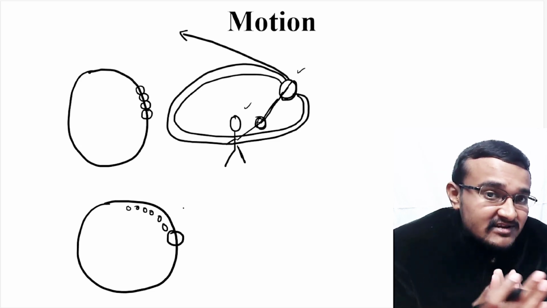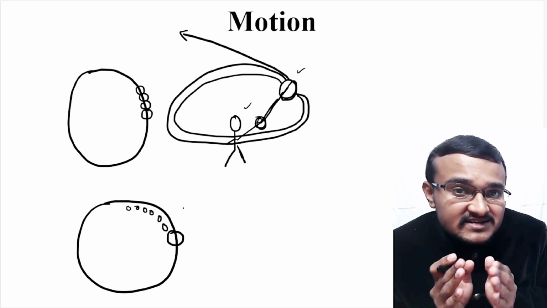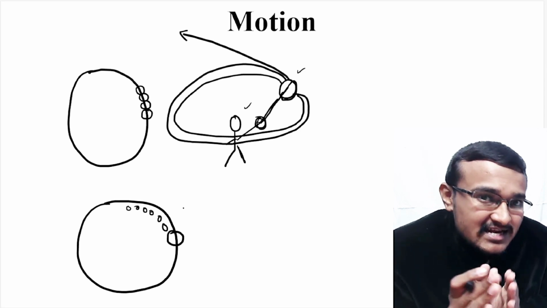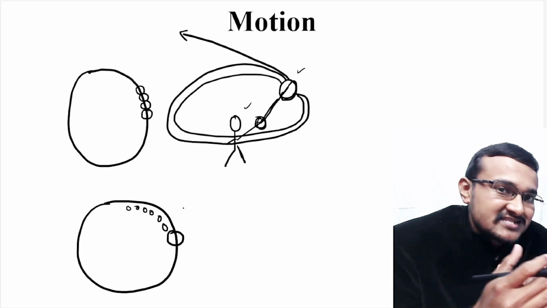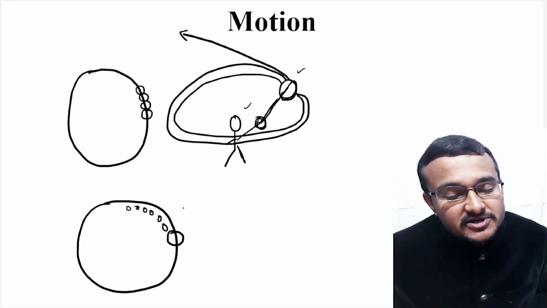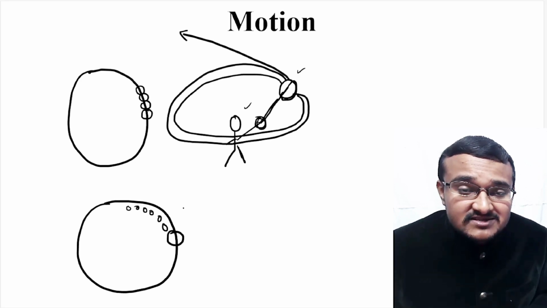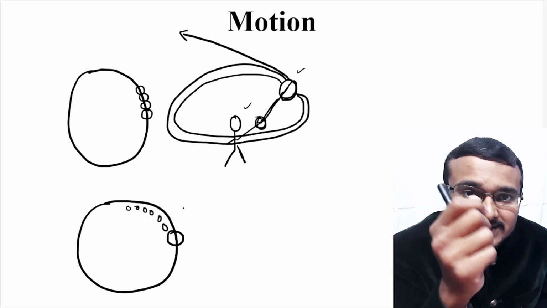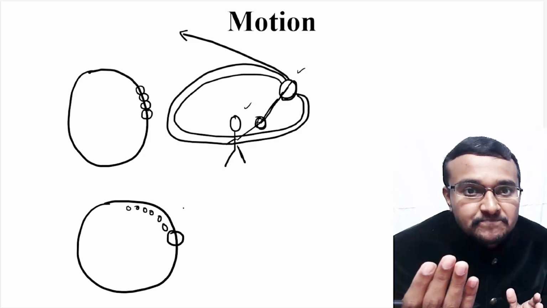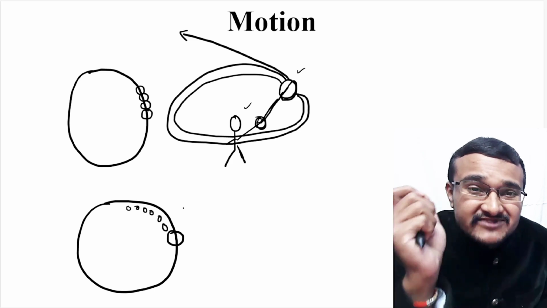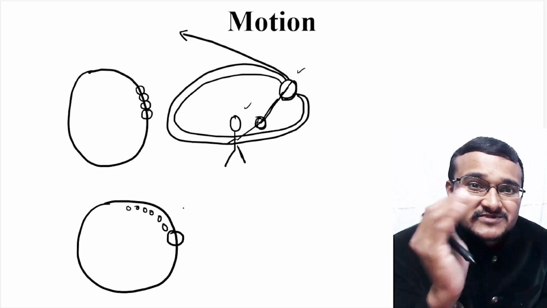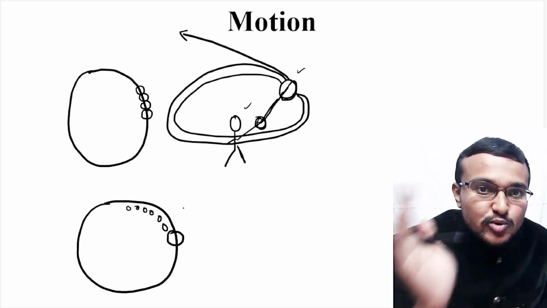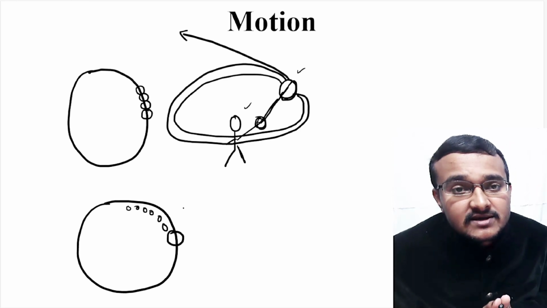Similarly, if a stone is traveling on a circular path, at every instant on that path the stone should get a certain amount of force in order to change direction and remain on that circular path. That means when that person was holding the thread and revolving the stone around him, he was giving a certain amount of centripetal force required to change the direction of the stone at every point on that circular path.